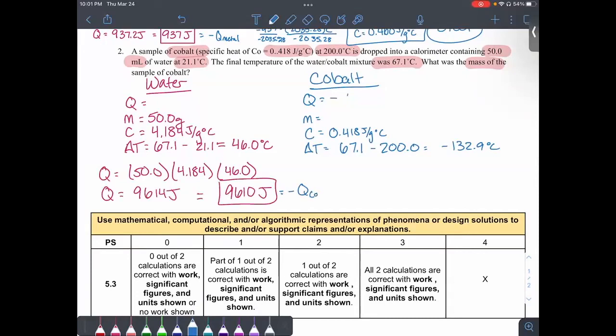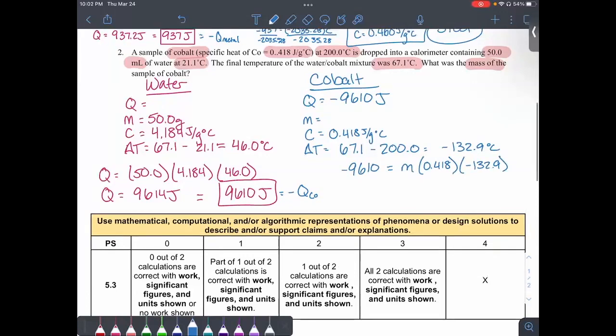We have a negative 9,610 joules for our cobalt. And so now when we plug in our information, our Q is negative 9,610 joules is equal to the mass, which is unknown, so we leave it a variable, times 0.418 joules per gram degree Celsius times our negative 132.9 degrees Celsius.